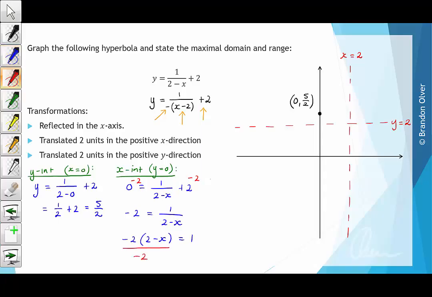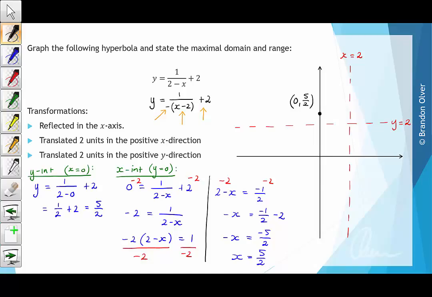Dividing both sides by negative 2 gives 2 minus x is equal to negative a half. Now if we subtract 2 from both sides, we get negative x is equal to negative a half minus 2. So negative x equals negative 5 on 2. And multiplying through by the negative, we get x is equal to positive 5 on 2.